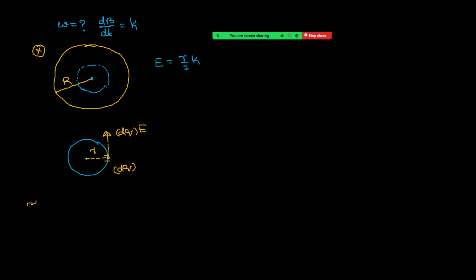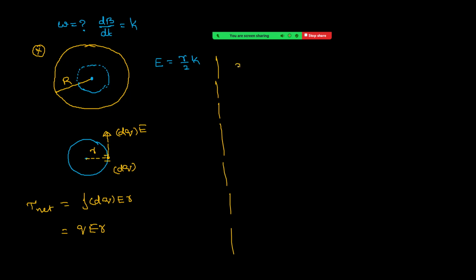That means the net torque is, see here what I'm writing, the integral of dq into E, that is the force, into R, that is the torque. Now we are calculating the net torque. E is a constant, R is a constant, and the integration of dq gives the total charge. So Q into E into R. This is the net torque.